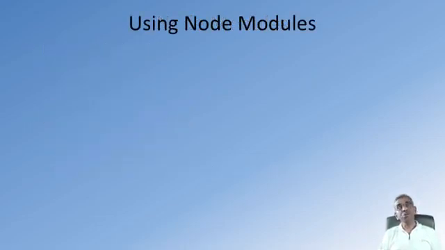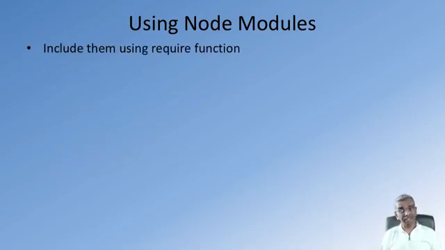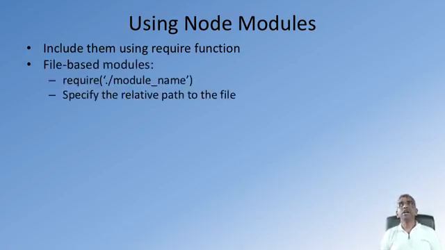How do we make use of Node modules? When you need to use a Node module within another Node file within your application, then you would use the require function. I briefly mentioned the require function in one of the previous slides. For file-based Node modules, you will specify this as require and then specify the path to the file which contains the Node module.